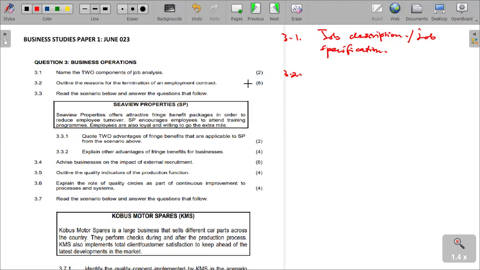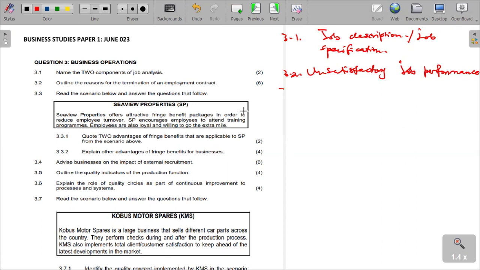We are saying employers must dismiss an employee for valid reasons, such as unsatisfactory job performance, one, which can cause an employee to be laid off.